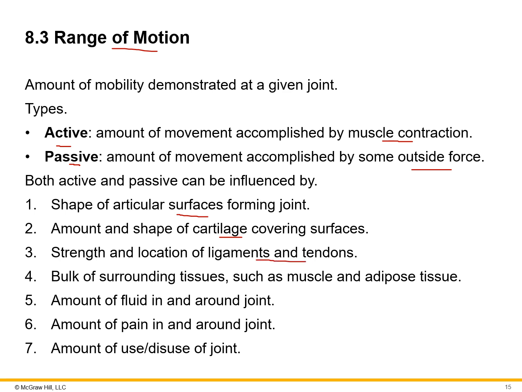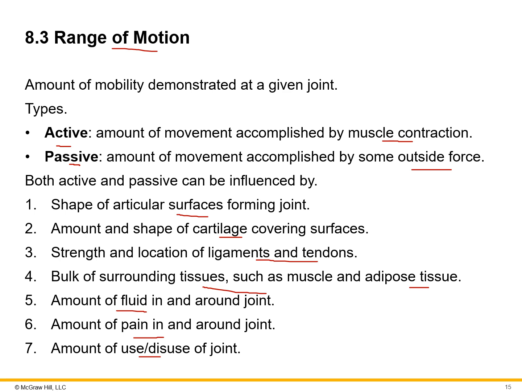The strength and location of ligaments and tendons, the tissue that's around them, like the muscles and adipose. So if individuals are at the obesity level, all that extra fat around the joints limits their range of motion. The amount of fluid in and around the joint, of course pain in and around the joint, and then use or disuse of the joint.